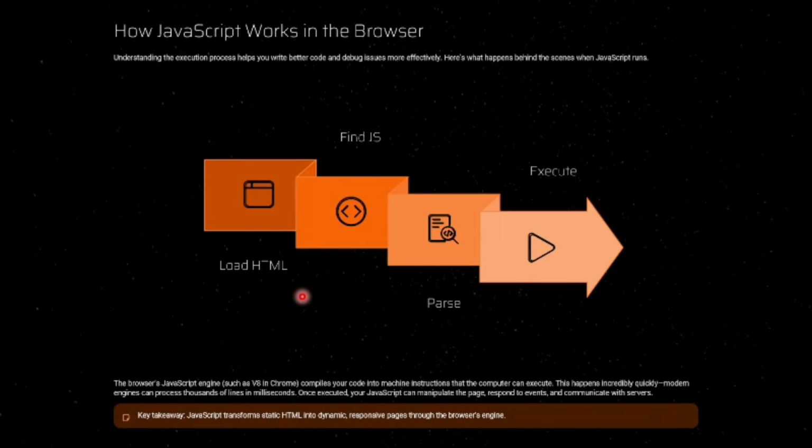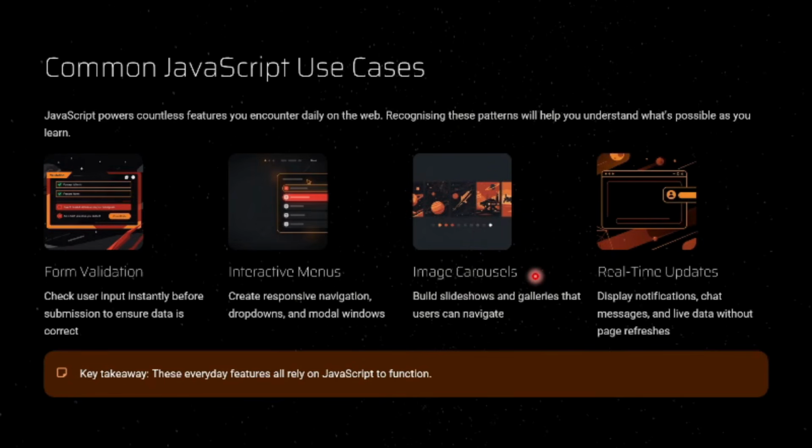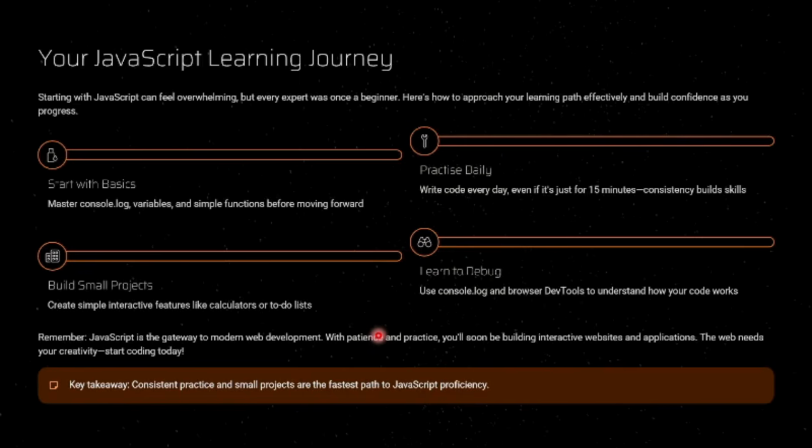If it is inline, then it will parse and execute that particular JavaScript code, which you will see in the hands-on experience in the next chapter. These are the common use cases. Not just these, there are a lot of use cases. Just pointing out a few of them, like image carousels, interactive menus, form validation, all these things we can create using JavaScript. So our JavaScript learning has begun here.